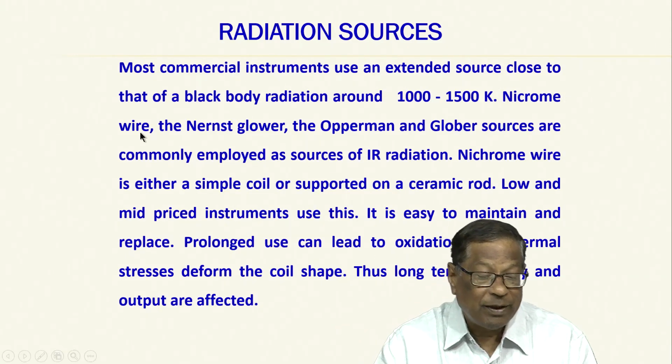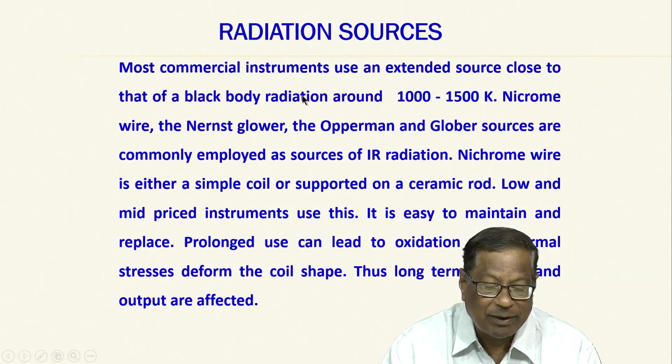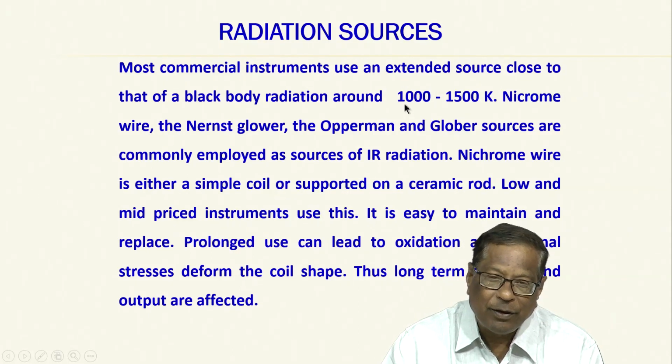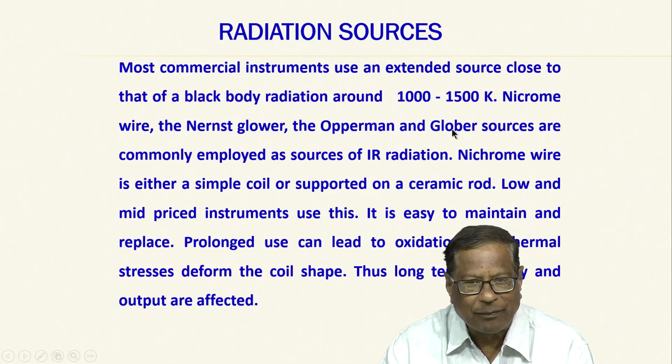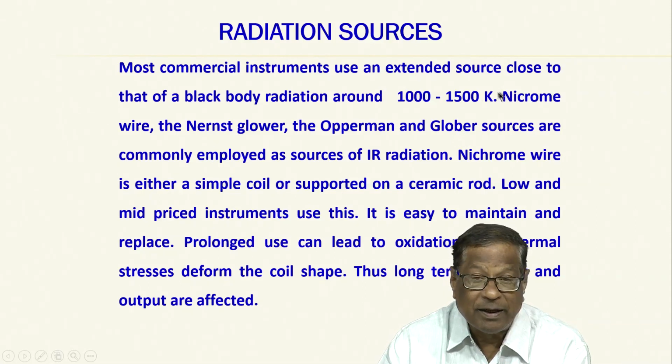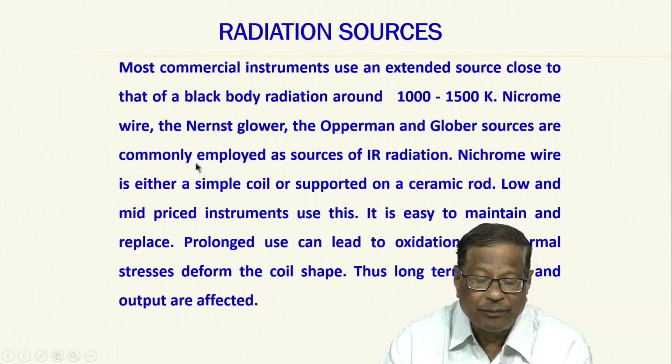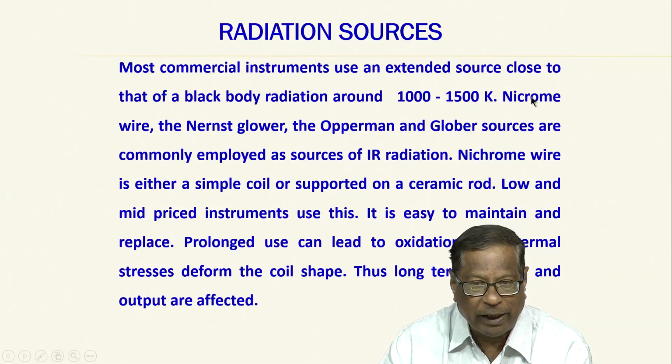So, most of the black body radiation materials around 1000 to 1500 Kelvin give out infrared radiation. I can use any of them. So, what are such materials? Such materials are nichrome wire, that is nickel chromium alloy wire.